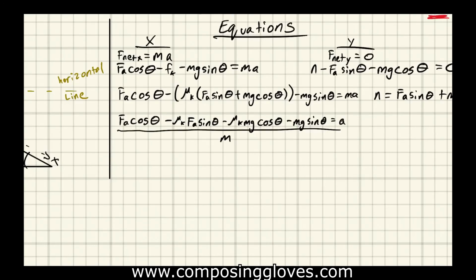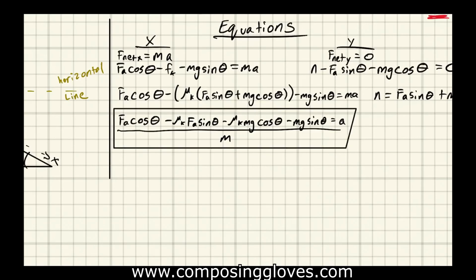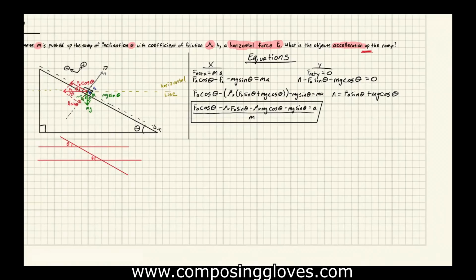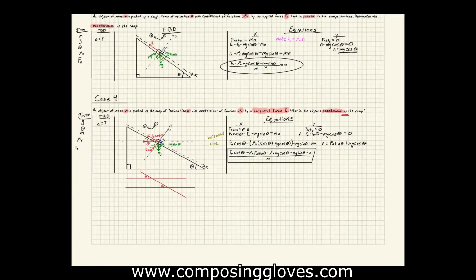Is there anything we can do with this? Well, we could factor out an mg and an FA by groups, but this form is fine. As far as something I'd plug numbers into, this is simple enough. So we wind up with this big old thing, but that is our acceleration.